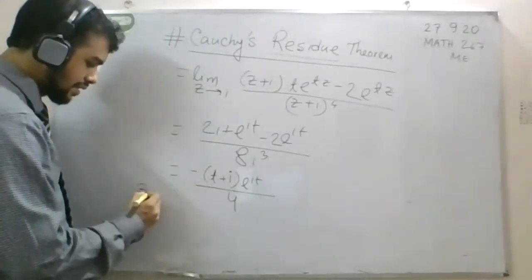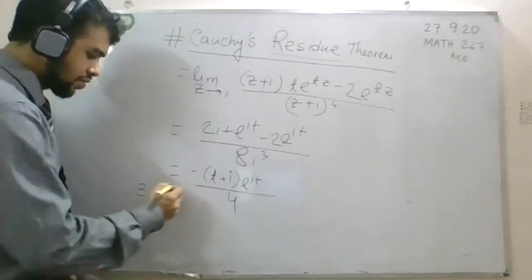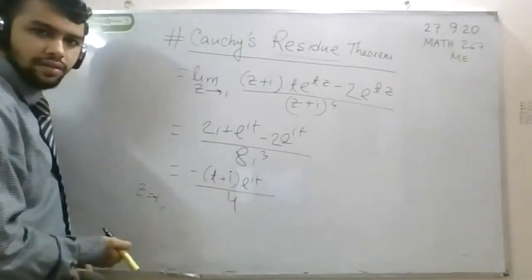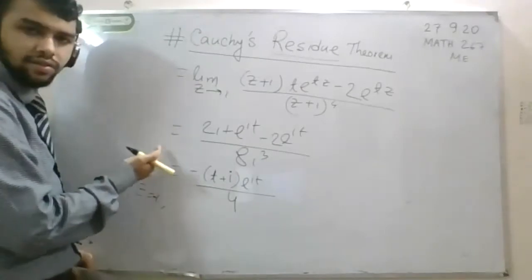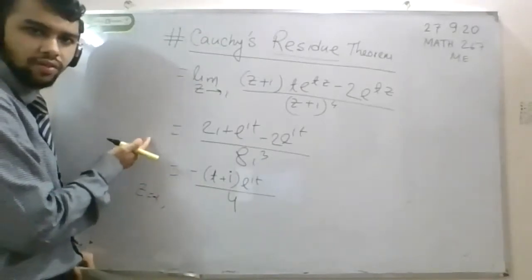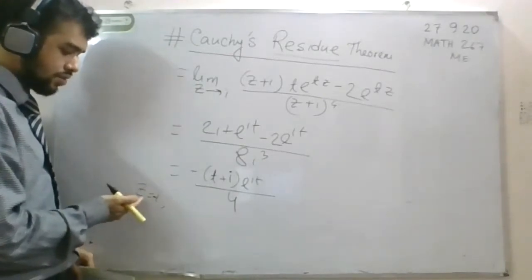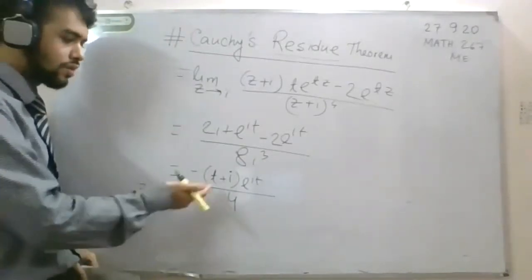For z equals to minus i, what will be the result? This is the residue for z equals to i. But if I say find out the residue for z equals to minus i, then what will be the result?